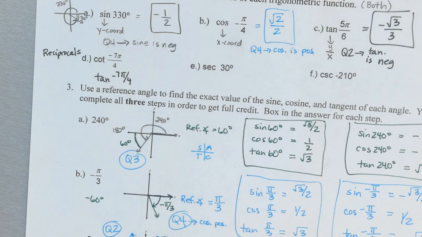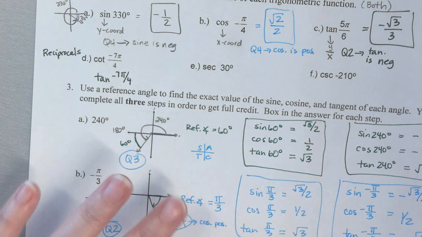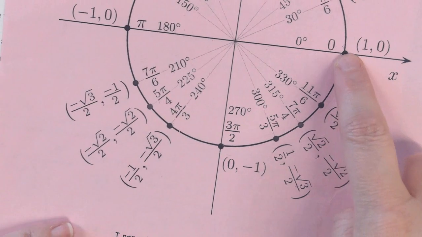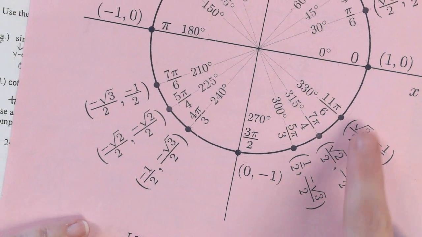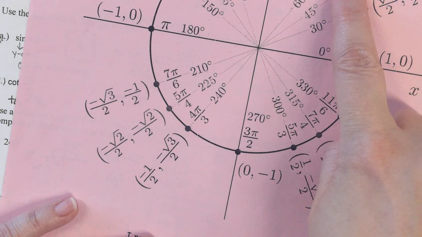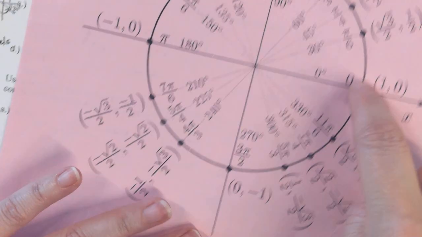Negative 7 pi over 4, if you are doing that on your unit circle, you could count. Or you could think, if this is 7 pi over 4, guess where negative 7 pi over 4 is? The reflection. It's right here. You could also just count.